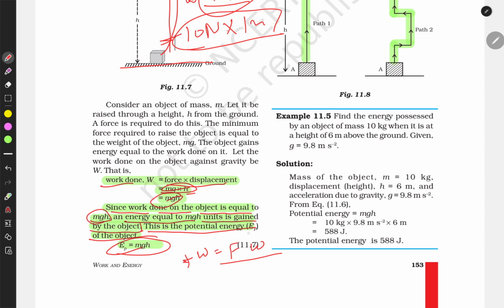And definitely the force is mass into g. This is the weight that we discussed in the gravitation chapter. F equal to mg. This is the force on an object applied by the earth due to its gravitation.